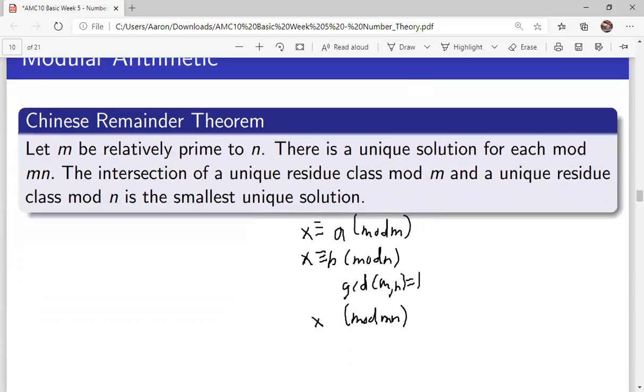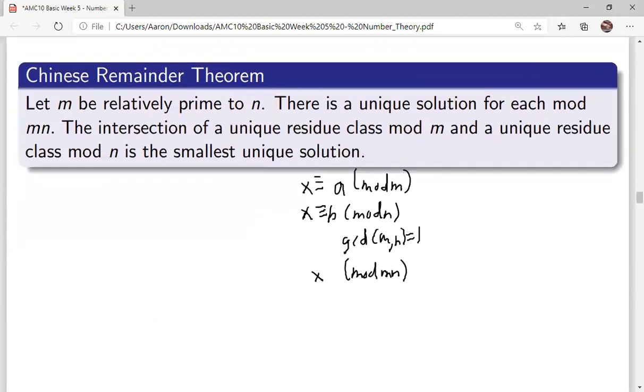So someone wanted to see the Chinese remainder slide again. So here it is.